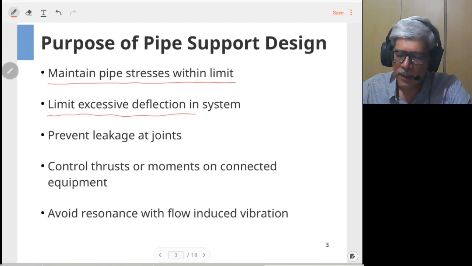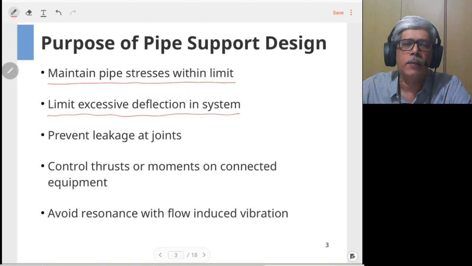Side by side, your stresses may be within the limit, but the deflections of the piping system may be too large. That may not be acceptable in certain situations, so we need to have the deflections also within the limit. You may have deflection and stresses both within the limit, but in the piping you may have some bolted or flange joints.